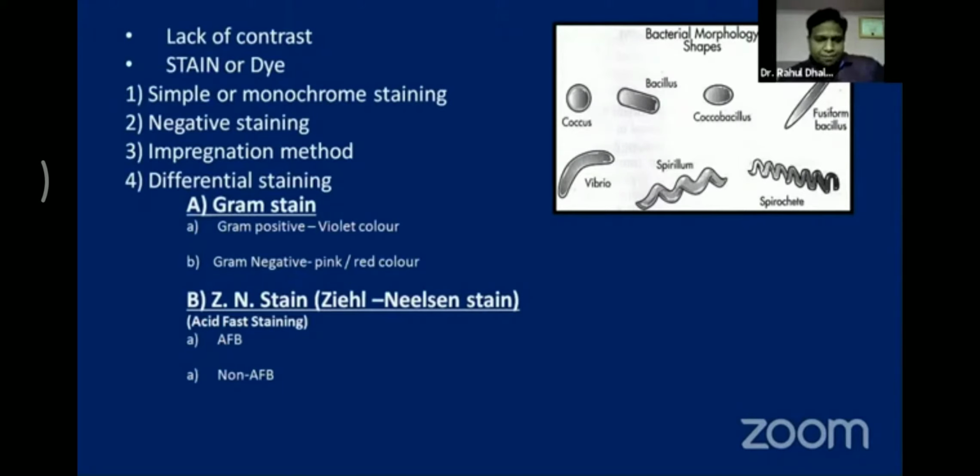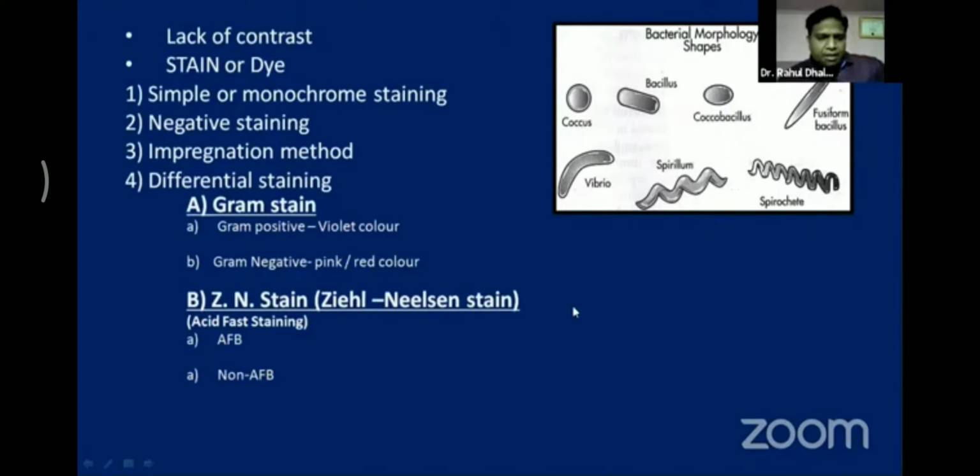Gram staining is useful for determining Gram nature as well as for antibiotic administration. The second differential stain, ZN staining, is called the Ziehl-Neelsen stain. It is also called acid-fast stain. Once bacteria get stained, they do not easily destain even with acid, so it is known as acid fastness.